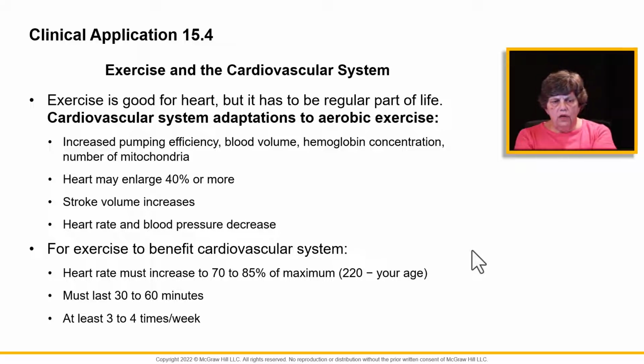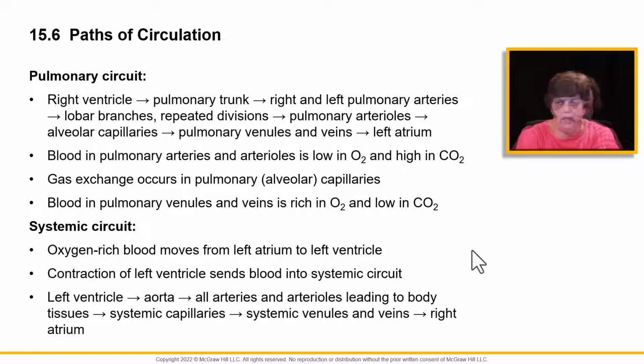For exercise to benefit the cardiovascular system, the heart rate needs to be 70 to 85% of maximum, or 220 minus your age. So yes, the older you are, the less you have to do, but that's okay. It has to last for 30 to 60 minutes, and it needs to be 3 to 4 times a week.